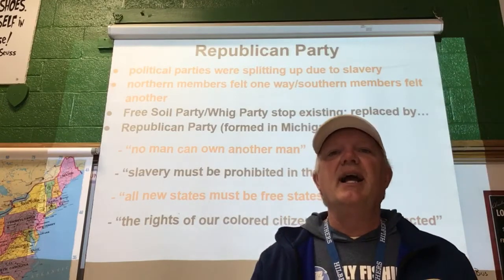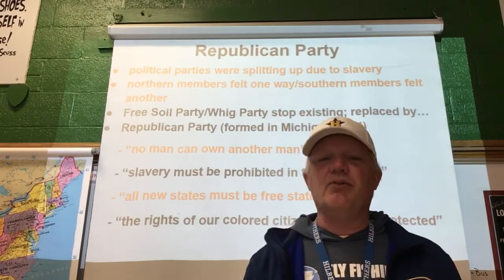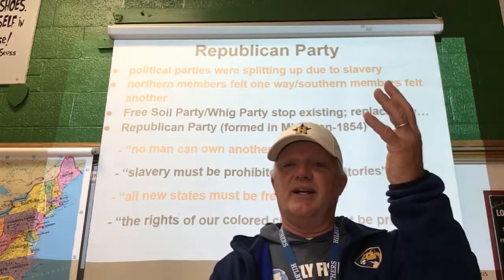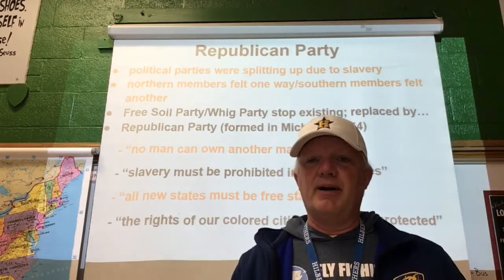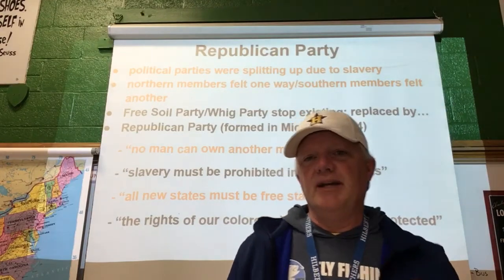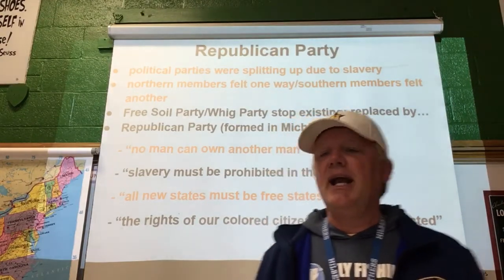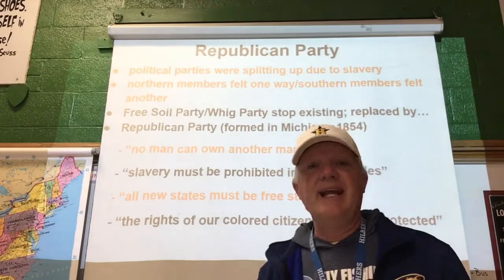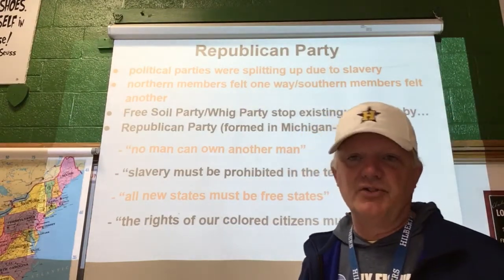They should be free. And the Whig Party. The Whig Party had been around for a while, but Southern Whigs believed in slavery and Northern Whigs wanted to end slavery. The party fell apart. All of these people had to find a new political party, and the Republican Party was formed. It was actually formed in Michigan in 1854, in Jackson, Michigan.